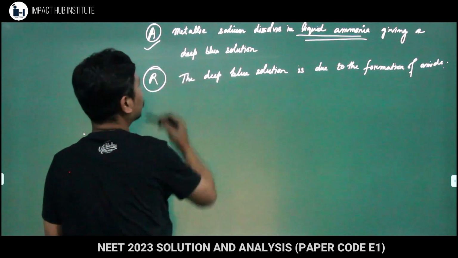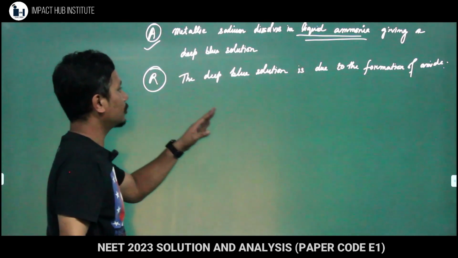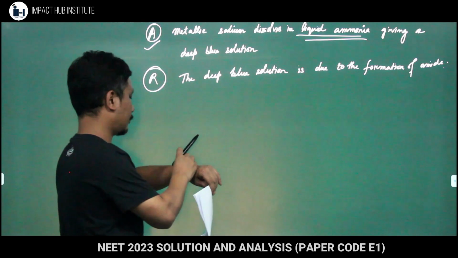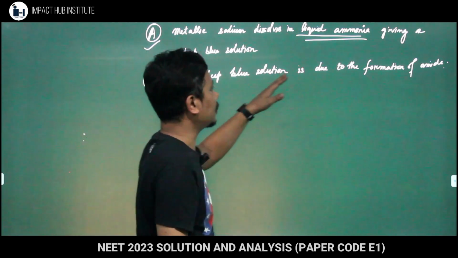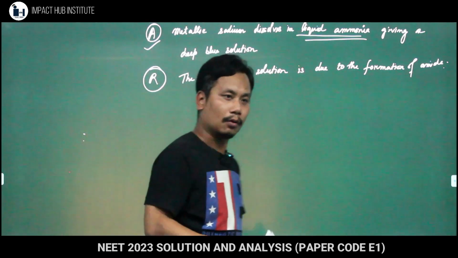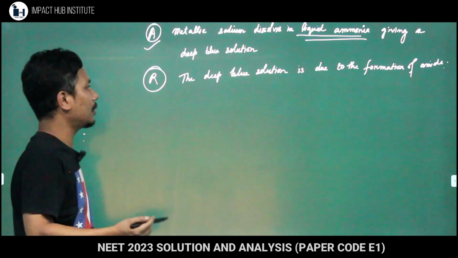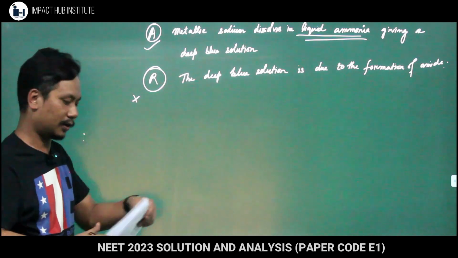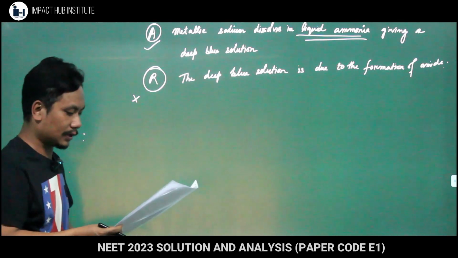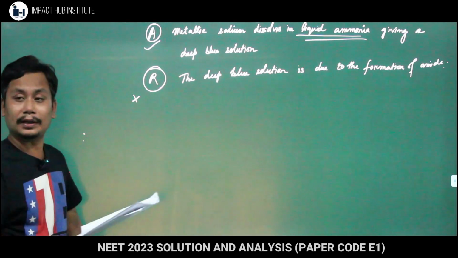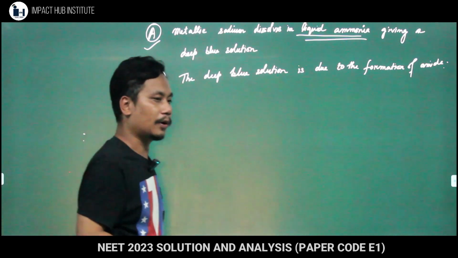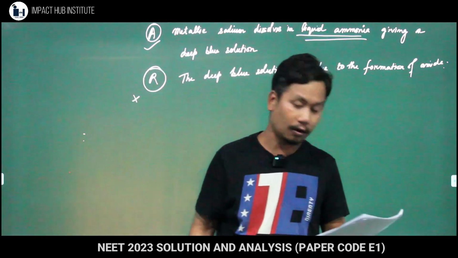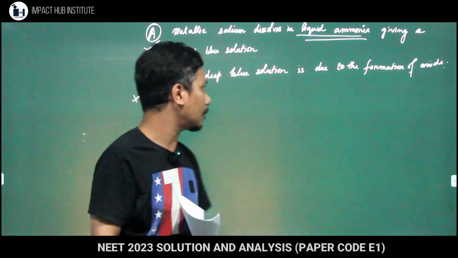Yes, this is correct. Next, the deep blue solution is due to the formation of amide. That is incorrect here. So clearly A is true but R is false. So it will be option number 3.